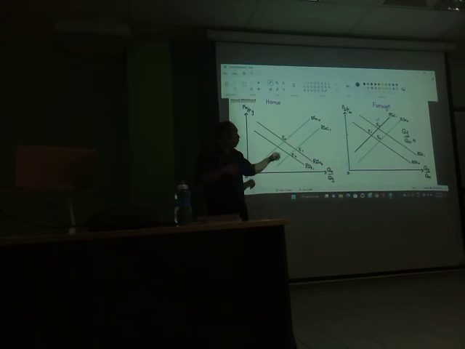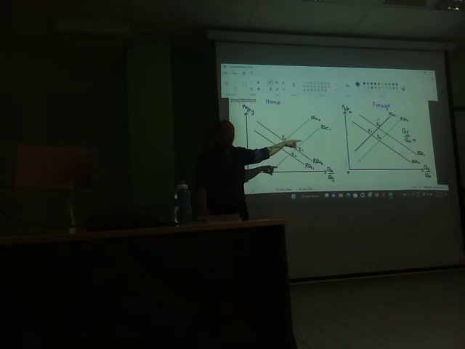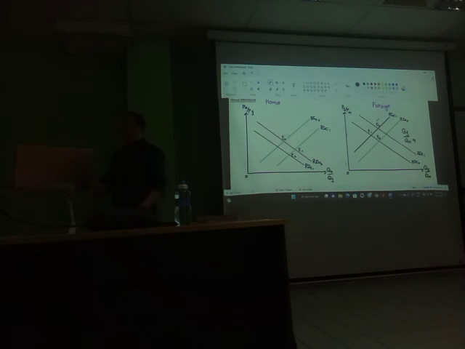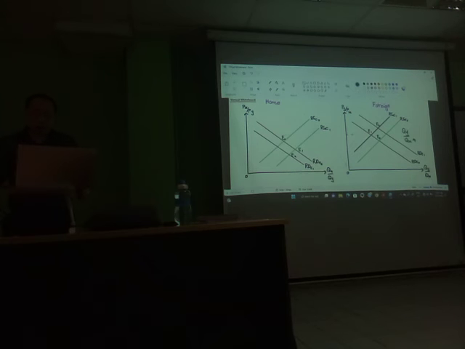Now, this is quite interesting. Basically, you can see the one who takes the first step to protect itself becomes worse off. Home is the first one that takes action. It takes this subsidy approach.